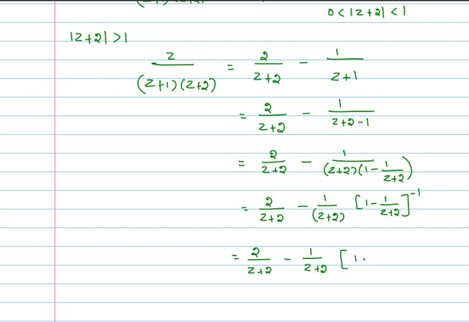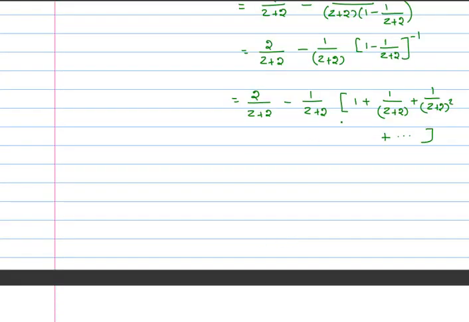So you will get 2 divided by (z+2) minus 1 over (z+2) times 1 plus 1 over (z+2) plus 1 over (z+2) the whole square and so on. Now you can club the first terms, so it will become 1 here, 2, so 1 over (z+2) minus 1 over (z+2) the whole square minus 1 over (z+2) the whole cube and so on.